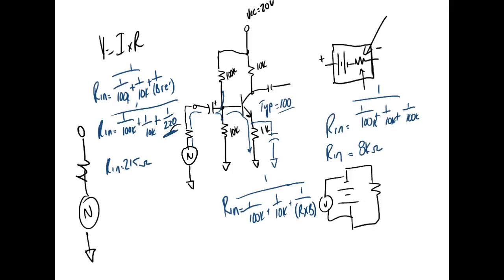That's just what I came up with off the top of my head. RE prime. What was that? What did we come up with for RE prime? 22 point something, wasn't it? Well, we multiplied that times beta. So I did that wrong. 22 times beta. I did it by 2, so it would actually be 2,000. It would actually be 2.2K. Thank you.